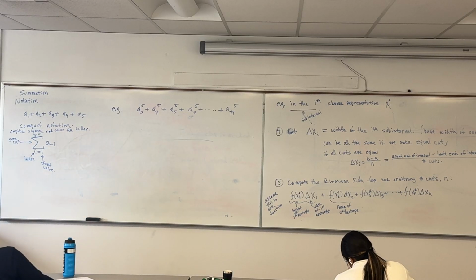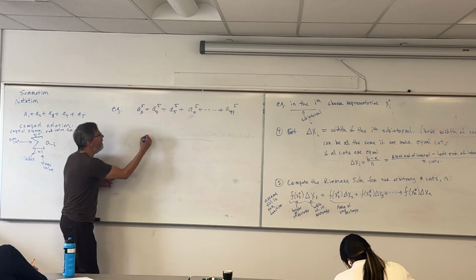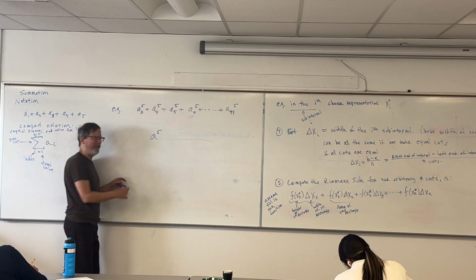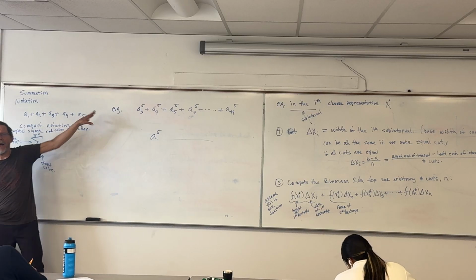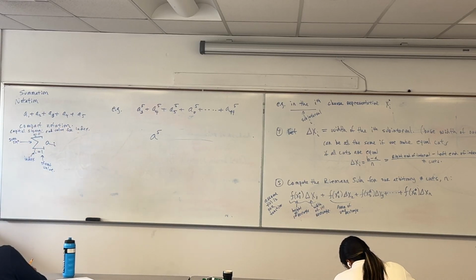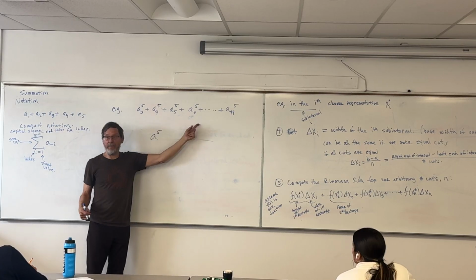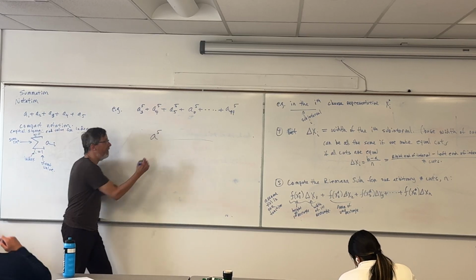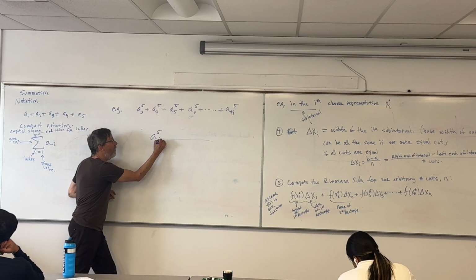So the first thing I ask myself is, what is constant, what doesn't change, and what does change? The part that doesn't change is that, right? That pattern is common to every part of the sum. What does change is the number at the bottom. So I'm going to put a variable down there because I know this changes.